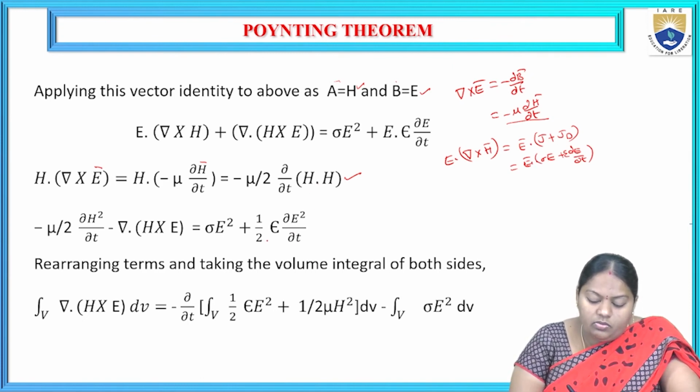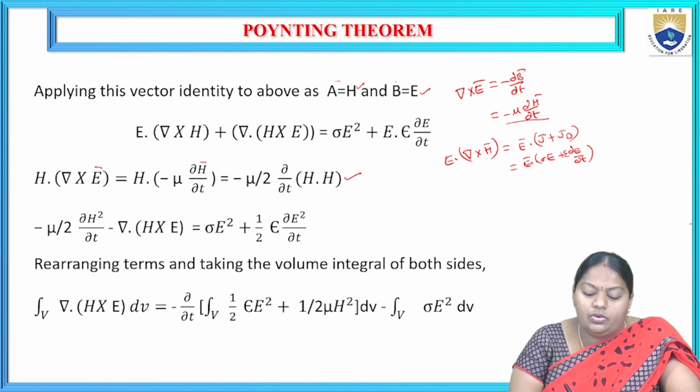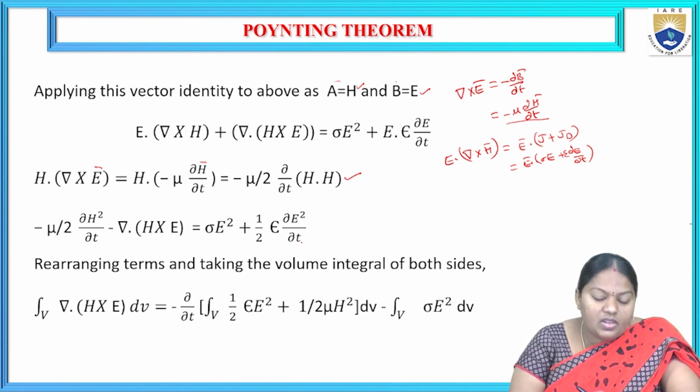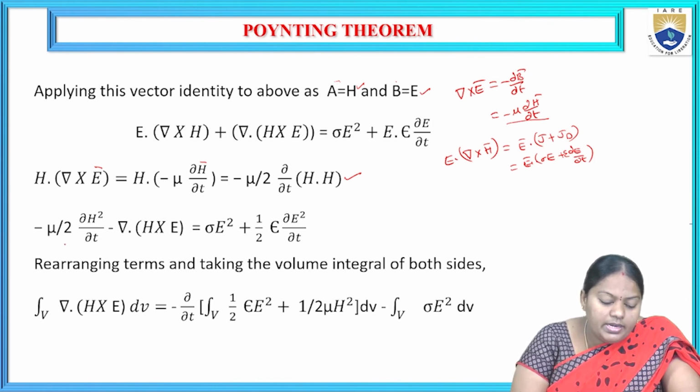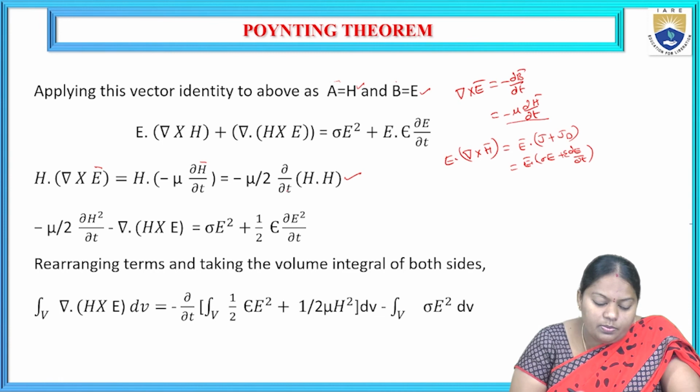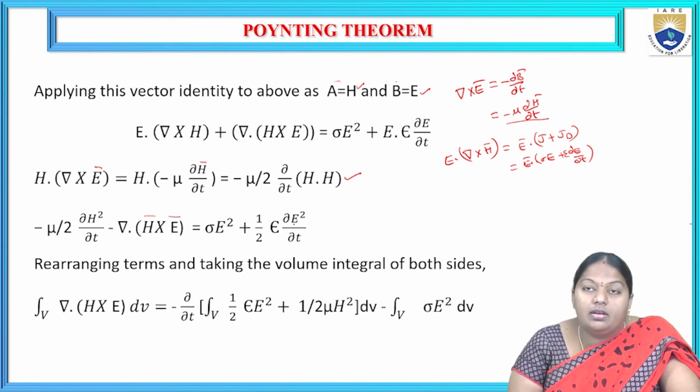We have got the equation 1 by 2 epsilon into dou E square by dou t. Right? Similar to that, this del cross E bar, so minus mu by 2 dou h square by dou t, in place of this equation we just substitute this form, minus mu by 2 dou h square by dou t minus del dot h bar cross E bar, these two equal to, on the RHS we have sigma E square plus 1 by 2 epsilon into dou E square by dou t.